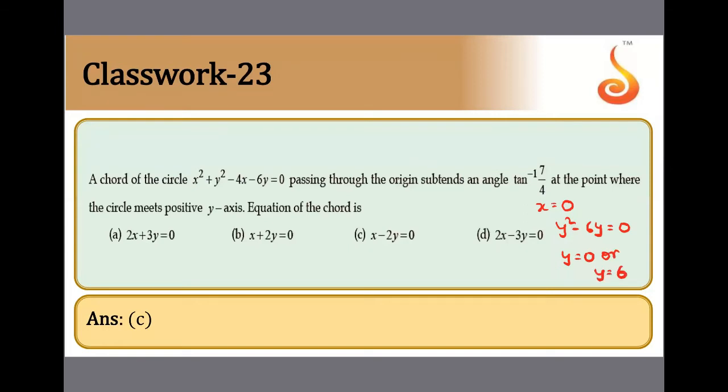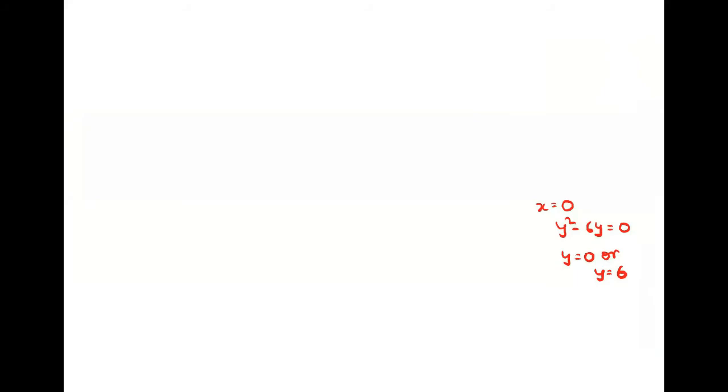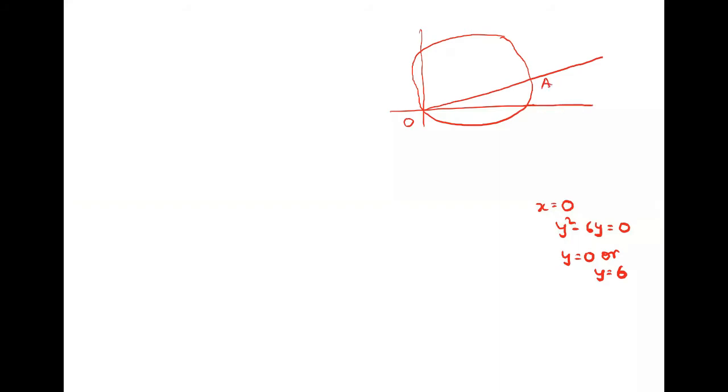Correct? Now I'll draw a diagram. This is the circle, passing through origin. This is the chord, OA is the chord. Now I draw another line. This angle is equal to alpha, and they gave you tan alpha is equal to 7 by 4.